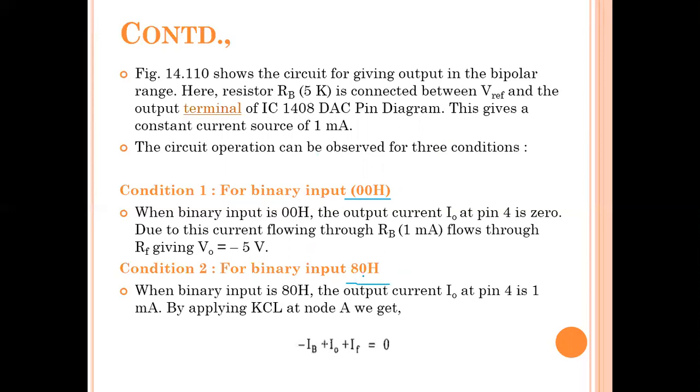That means the lower half of the bits are zeros, and the MSB, the most significant bit of this 8-bit data, is made equal to 1. Now if we convert this into hexadecimal, you will get 80H. So first we will see, when the binary input is 00H, the output current at pin 4 is equal to 0.